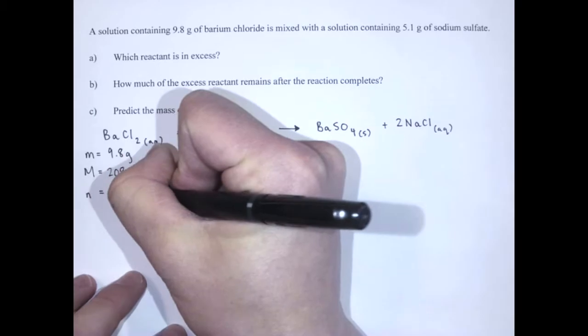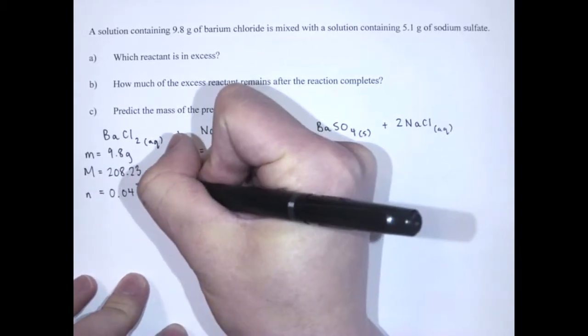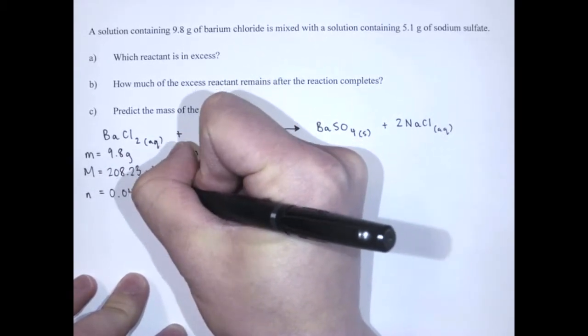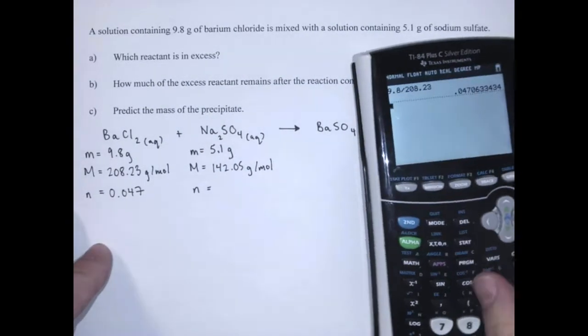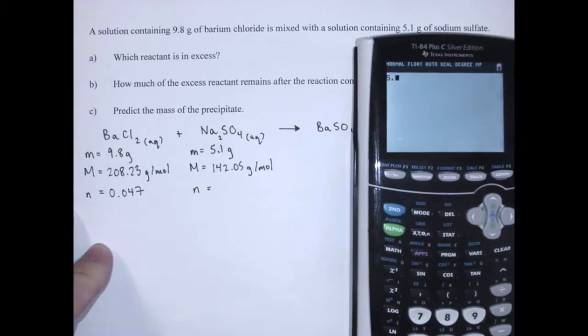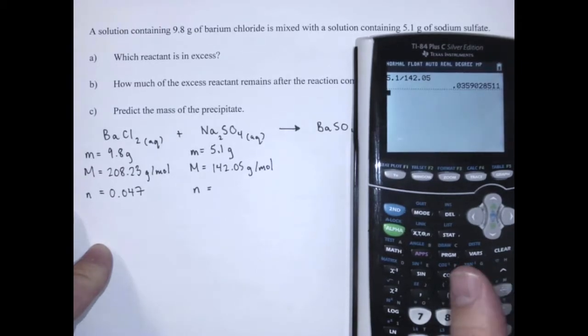I'm just going to round it for now. All right, let's do the same for sodium sulfate. 5.1 divided by 142.05, and we get 0.036.